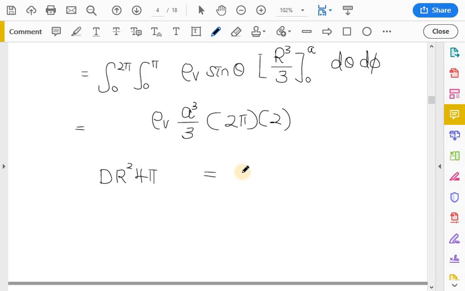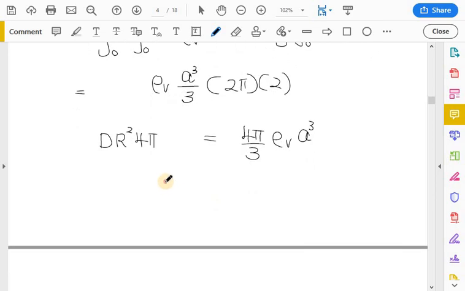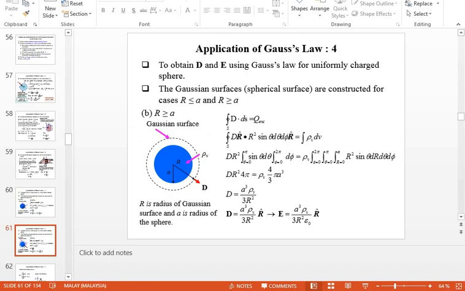Then here I have 4 pi over 3 rho v A cubed. So my D would be equivalent to rho v A cubed divide 3 r squared.